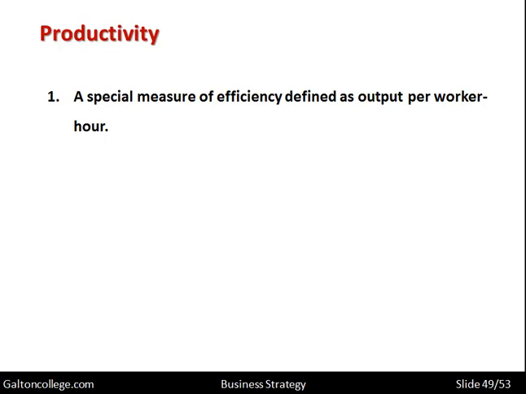Let's take an example. Let's say a typist in the 1940s working with a manual typewriter. Now the output could be measured as the number of words accurately typed per hour. Let's say that's our measure. So a typist working with a manual typewriter in the 1940s, how many words per hour can the typist produce?